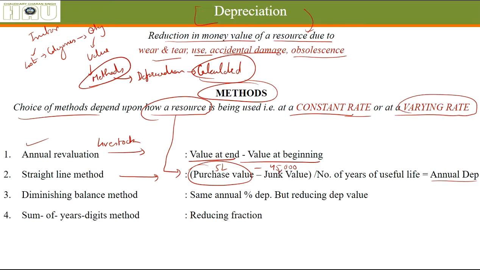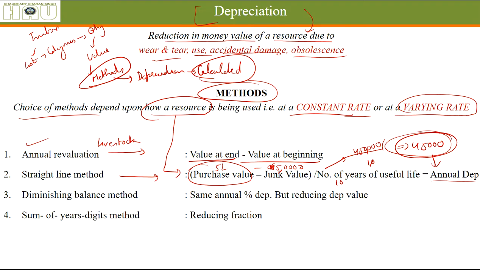Number of useful years, 10 years of life, so 4,50,000 divided by 10, 45,000 is the annual depreciation.